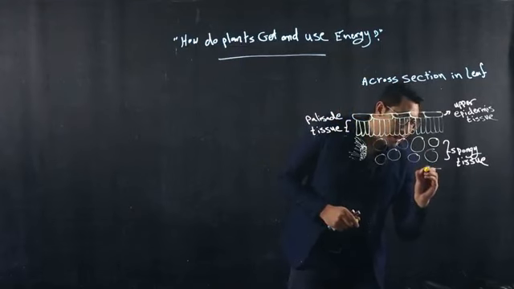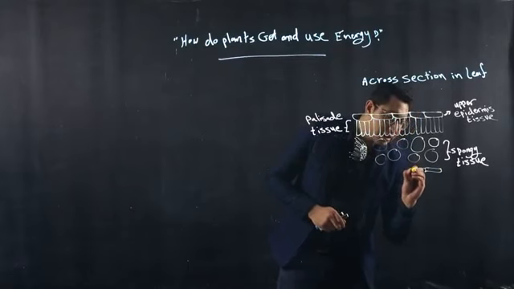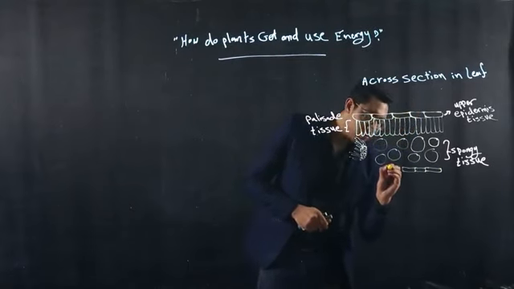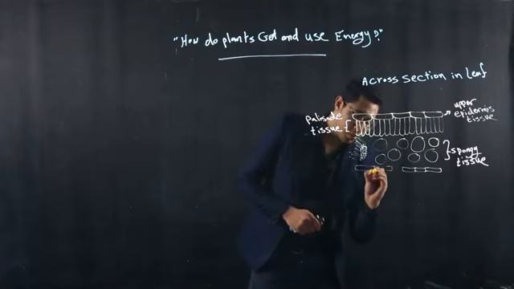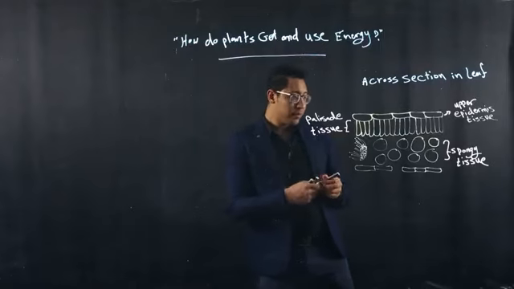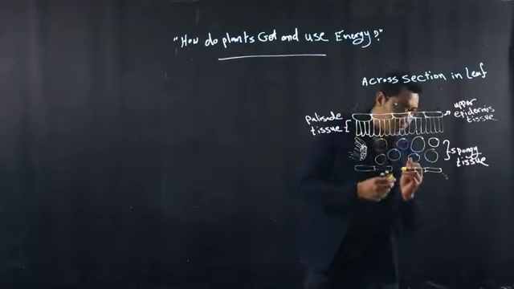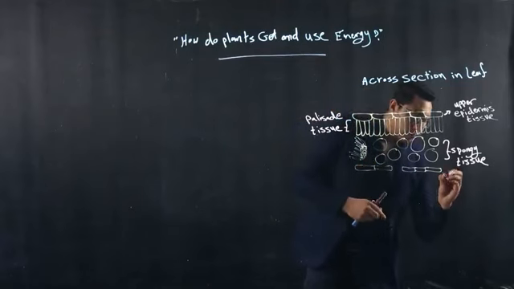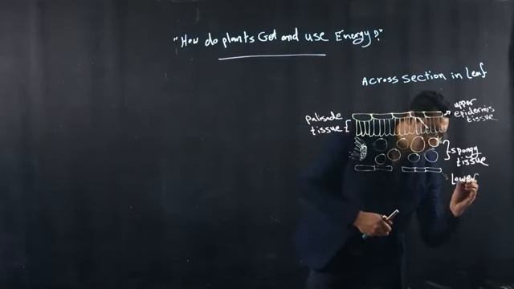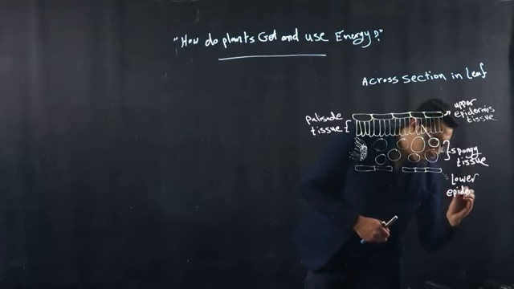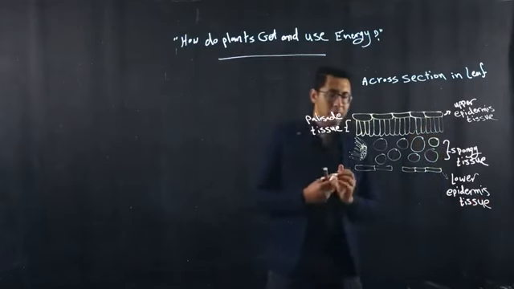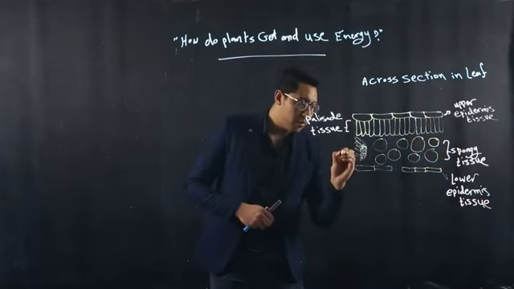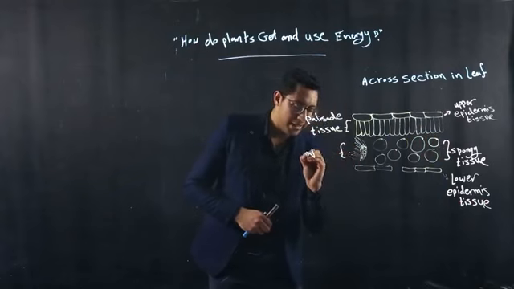And here, at the bottom of the leaf, there is the lower epidermis tissue. And here, veins.